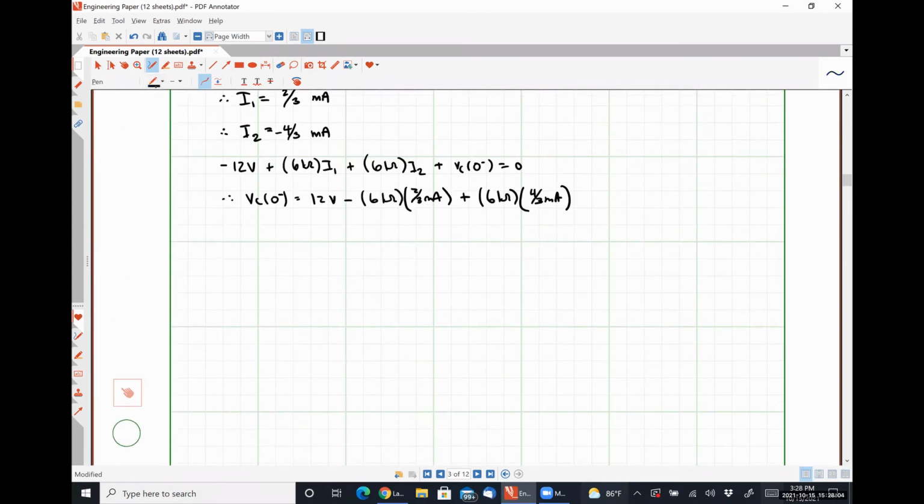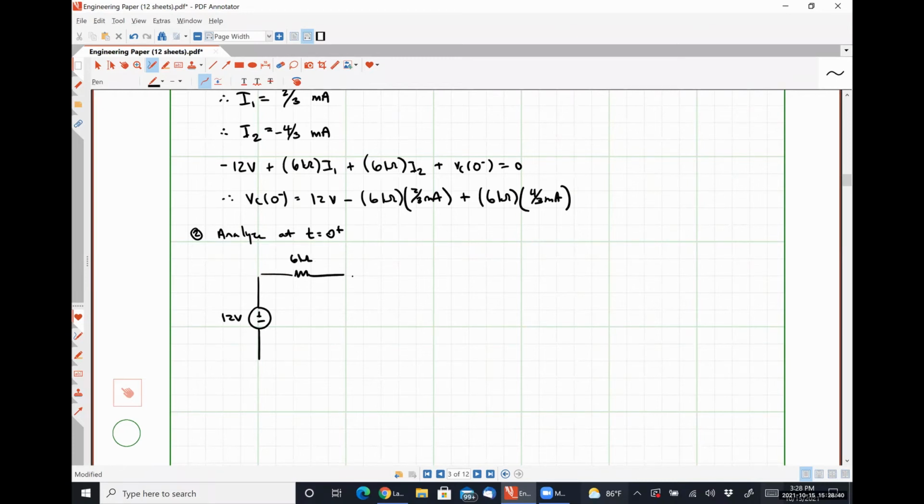Let's now analyze our circuit at t is equal to 0 plus. So now our switch from our original circuit has opened up, which is going to put another 6 kilo ohm resistor into the circuit. So it should look like this. Here's our 12 volt source.